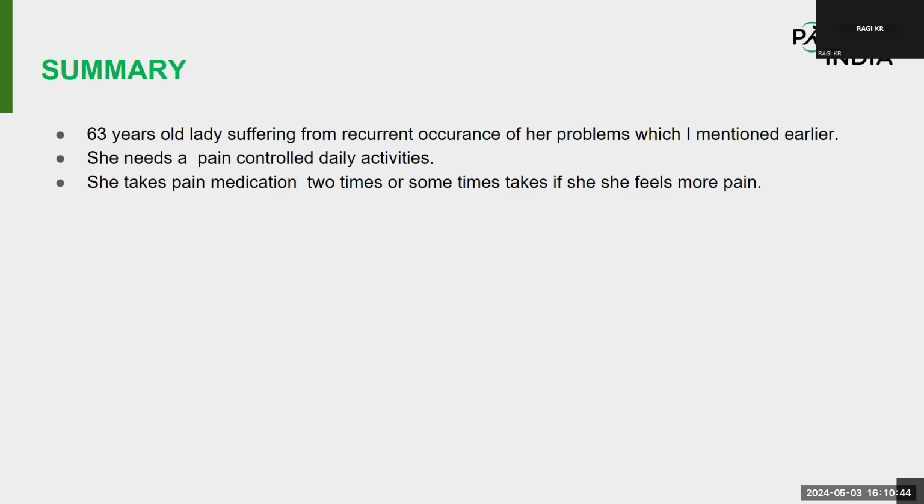As per the summary, a 63 years old lady suffering the recurrent occurrence of this pain and deformity of the left ankle, which I mentioned earlier. She needs pain controlled daily activities, and she takes pain medication 2 times. Sometimes if she takes a single step or movement, she wants to take the medications at a time.